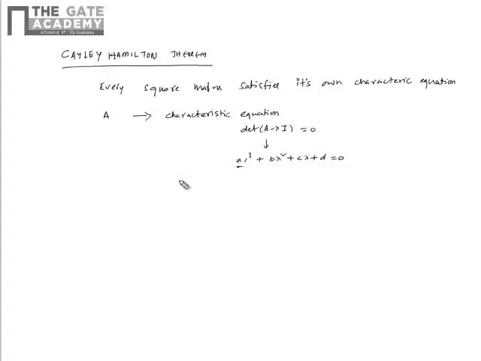Now this theorem says that when this is a characteristic equation, the square matrix also satisfies this characteristic equation. What it means is, in the place of lambda you can substitute the matrix itself. So this will be A square plus C, where in the place of lambda you are keeping A. And the last term will be the identity matrix, because the order has to match.